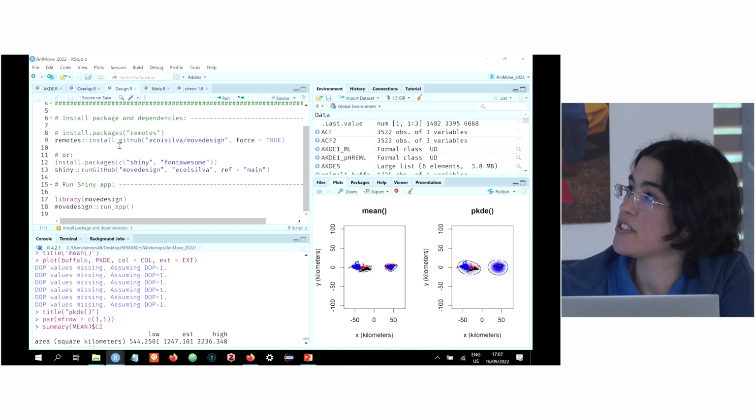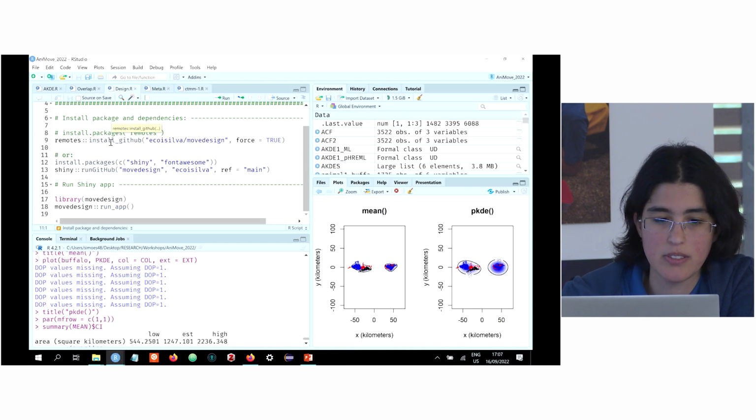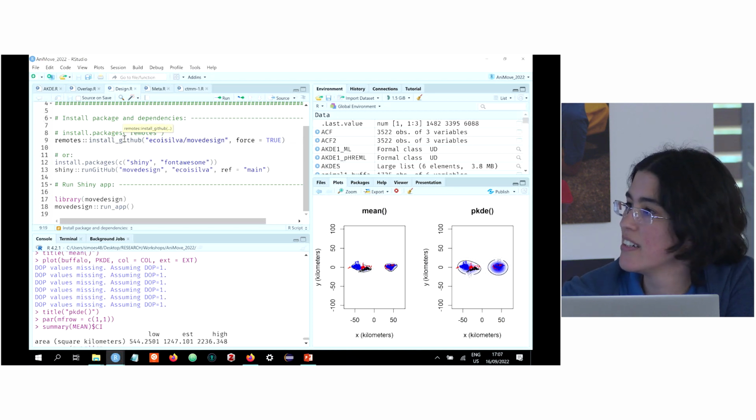Okay, so you can either install it with the remotes package directly from GitHub. We can also try running it from GitHub if that doesn't work for you, but try the first one and let me know if that works for you.